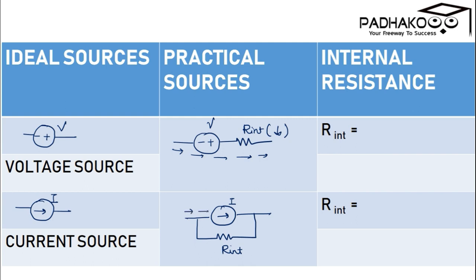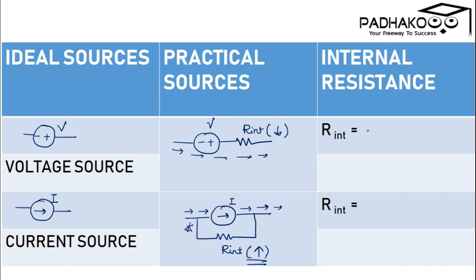Coming to this current source, maximum current also here has to flow in this direction. So minimum current needs to flow in this direction, or very little or no current can flow in this direction, because maximum current is flowing in this direction. So the R internal value will be very large in this case.